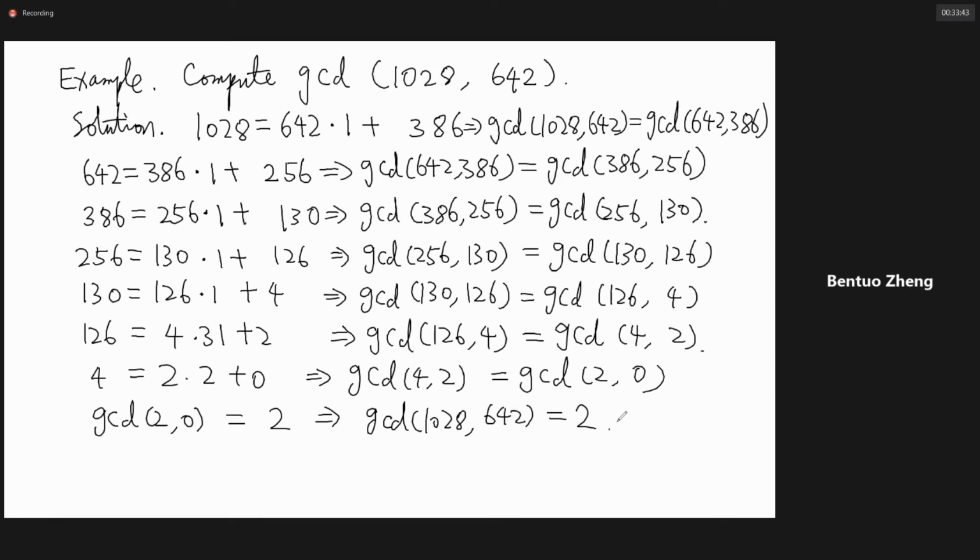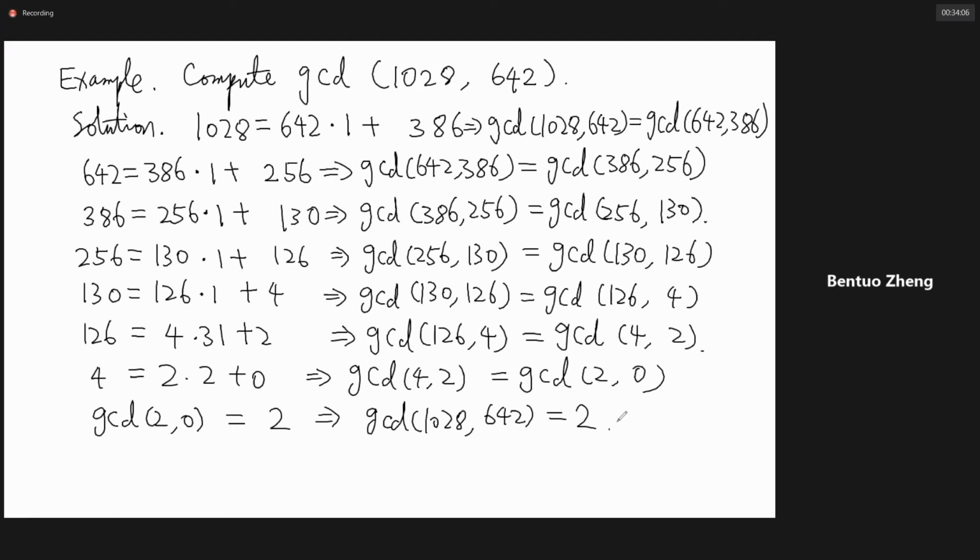Okay, so you can see the Euclidean algorithm, once you understand it, what's remaining is just arithmetic. So you just need to do these computations repeatedly until you reach 0 as one of the numbers. Okay, so this is the Euclidean algorithm.